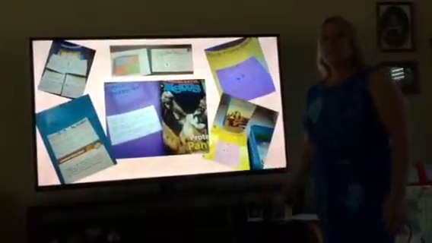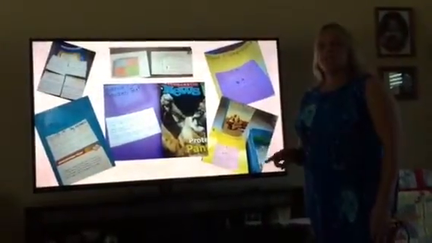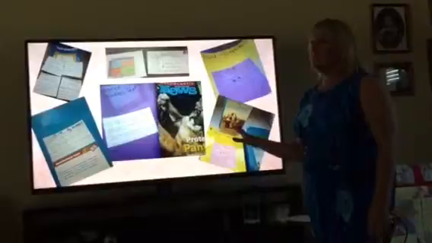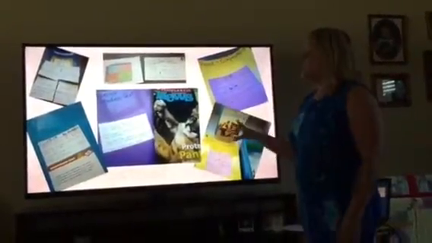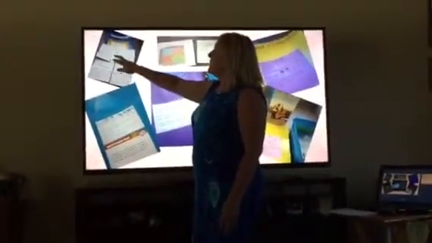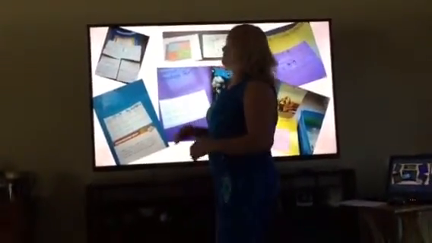In the mornings, Ms. Ortiz has centers. They do 2 centers every morning, and they have 10 all week long, so they do 2 a day. They go to the centers and pick their tubs. The different tubs do different things. This is vocabulary. They take their vocabulary words and the definition, and they have to match them.